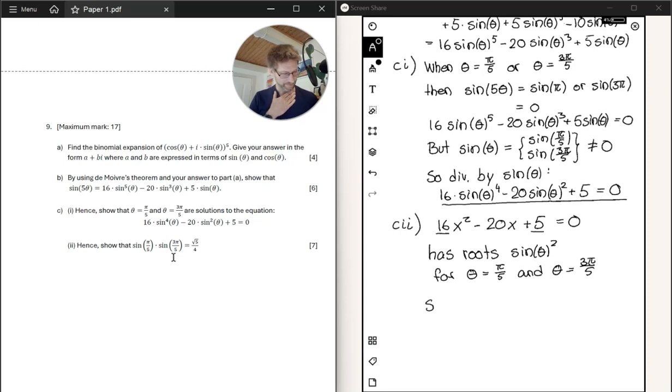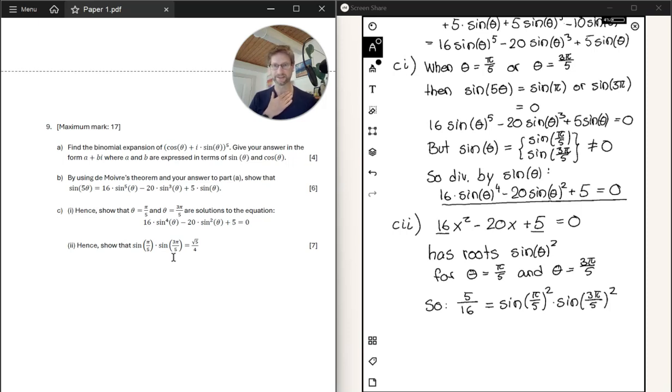So 5 over 16 is equal to the product of the two roots, which is sine of pi over 5 squared times sine of 3 pi over 5 squared.